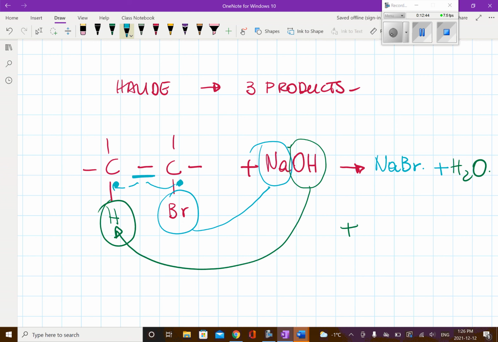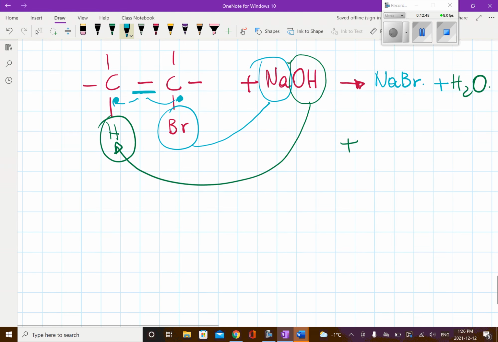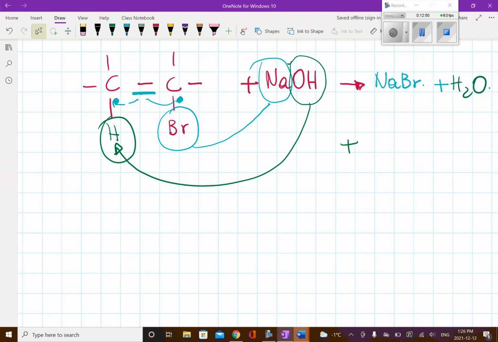They will bond, creating a double bond between those two carbons, and then a reorientation of the hydrogens will happen, like this. So in this case, we will see three products.